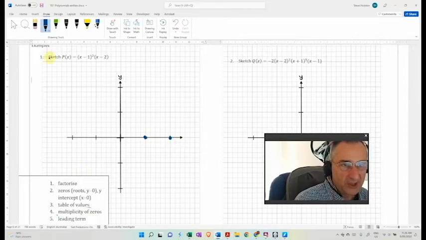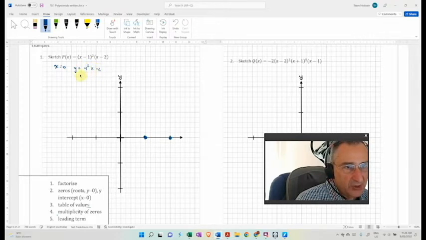And the y-intercept, if we make x equals 0, then y equals minus 1 squared times minus 2 equals minus 2. So we can put that in, and let's just label that. That's y equals minus 2, and they're the two roots 1 and 2.